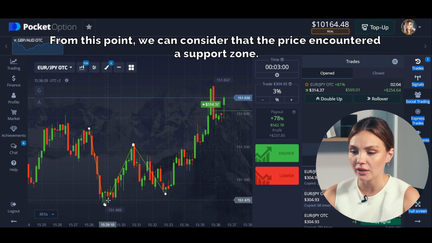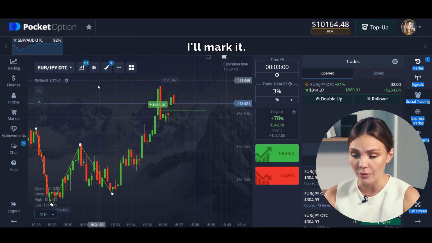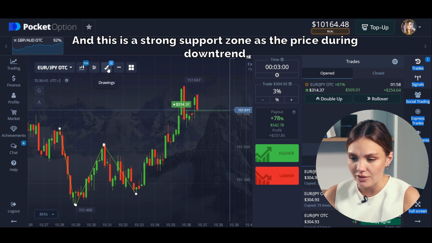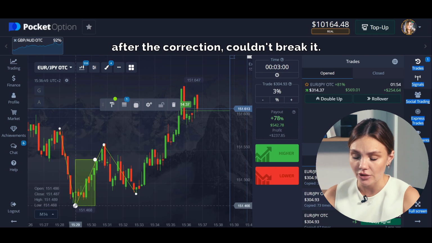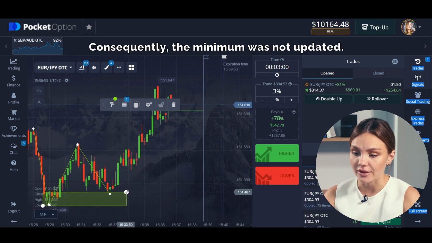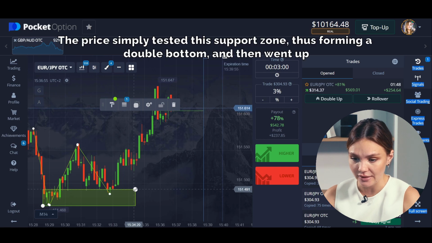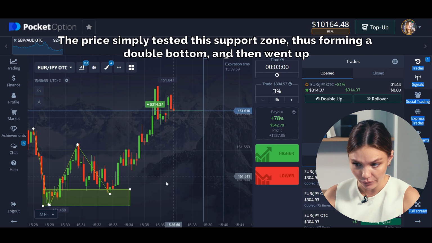From this point, we can consider that the price encountered a support zone. I'll mark it. And this is a strong support zone as the price during downtrend after the correction couldn't break it. Consequently, the minimum was not updated. The price simply tested this support zone, thus forming a double bottom, and then went up.